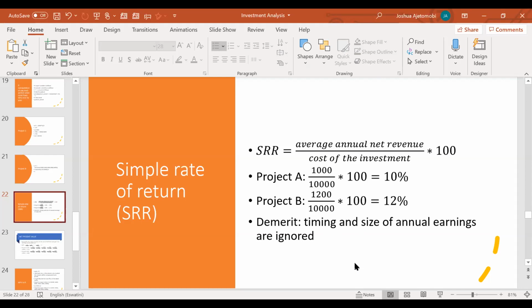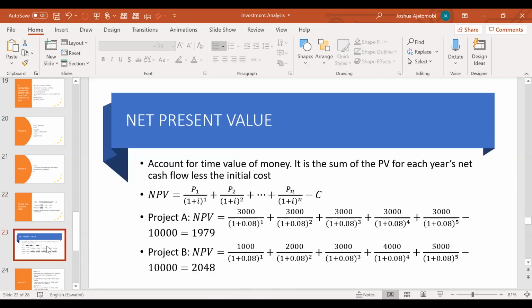So you know the disadvantage of simple rate of return and payback period is that the timing and size of annual earnings are not taken into consideration. So let us now move forward. Another method is net present value.